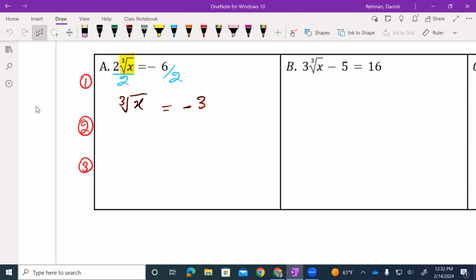What's the step number 2? Take cube on both sides. Good. So that's the step number 2. I'm going to do it here. And this will simply cancel out the cube root and the cube. What am I left with? This was the step number 2, by the way. So I need to move my step number 2 slightly here.